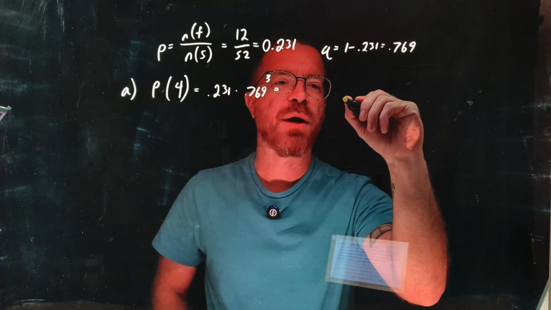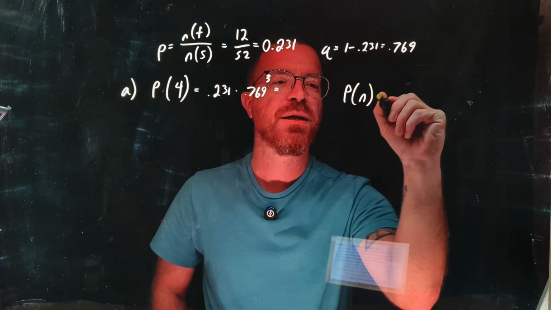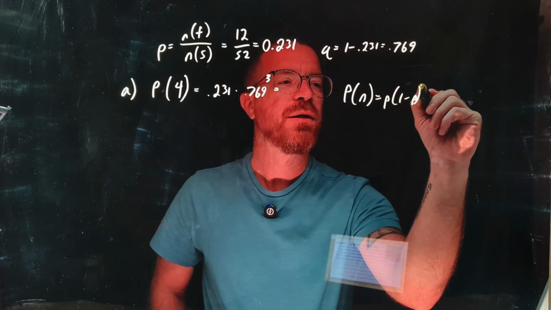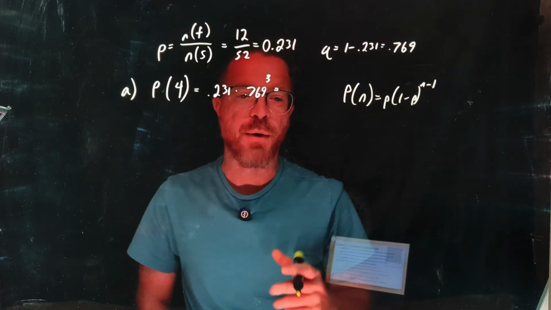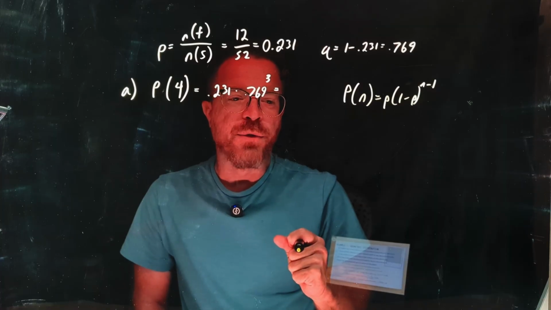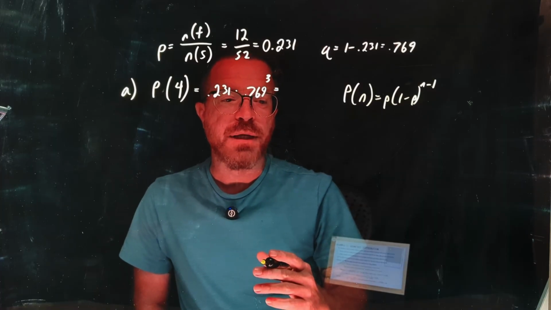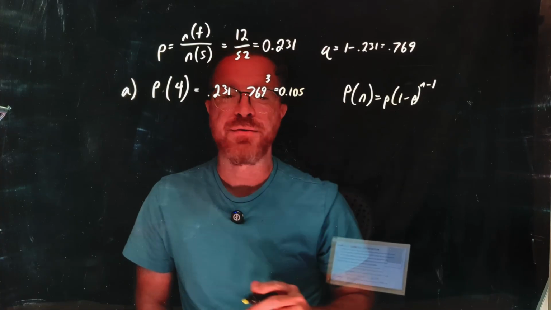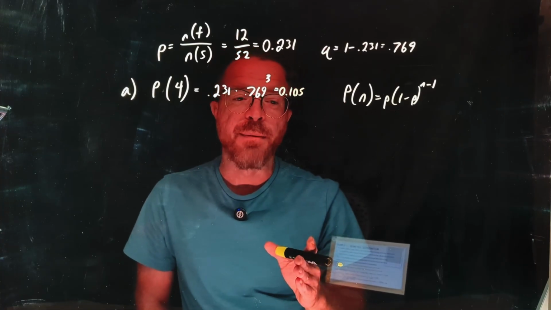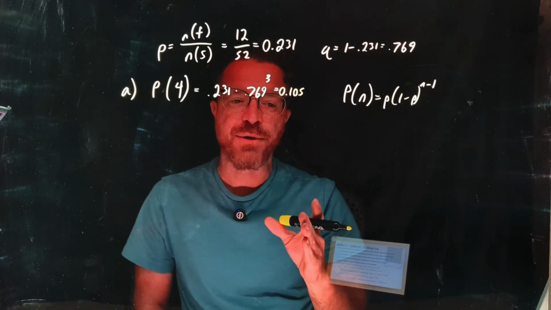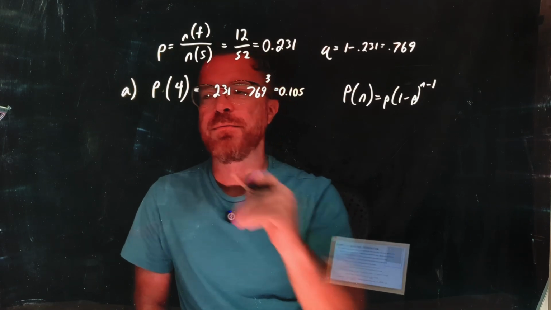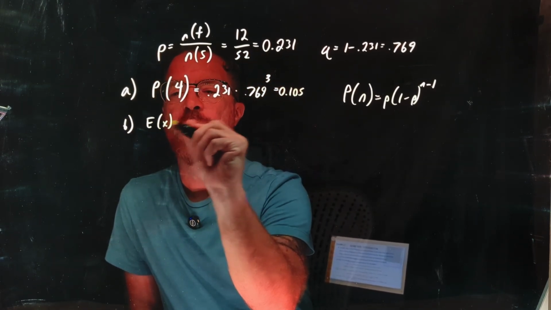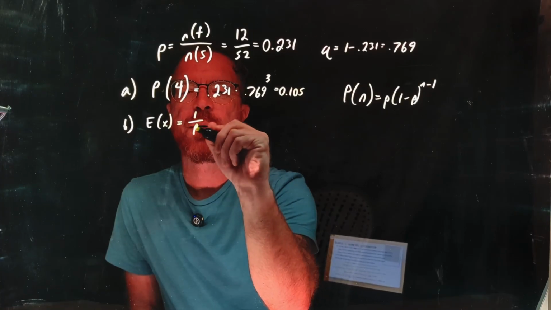Because our probability formula is the probability of n equals the probability of success times the probability of failure to the n minus 1 power. So this is going to give us a probability of 0.105. The next part of the problem asks us to find the expected value and the variance for this problem. So the expected value is just going to be 1 over p.